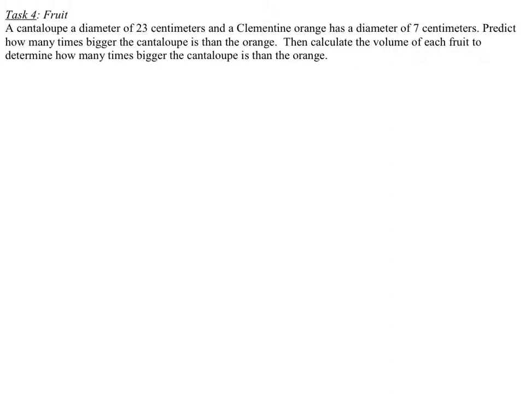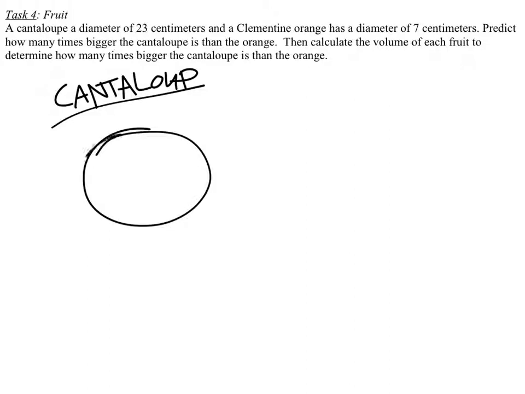Let's find out. Let's find the actual volume of the fruit and determine how many times bigger the cantaloupe is. Alright, let us start first with the old cantaloupe. The radius is 11.5. So we got this sphere-ish with a radius of 11.5 centimeters, because the diameter was 23 on this.